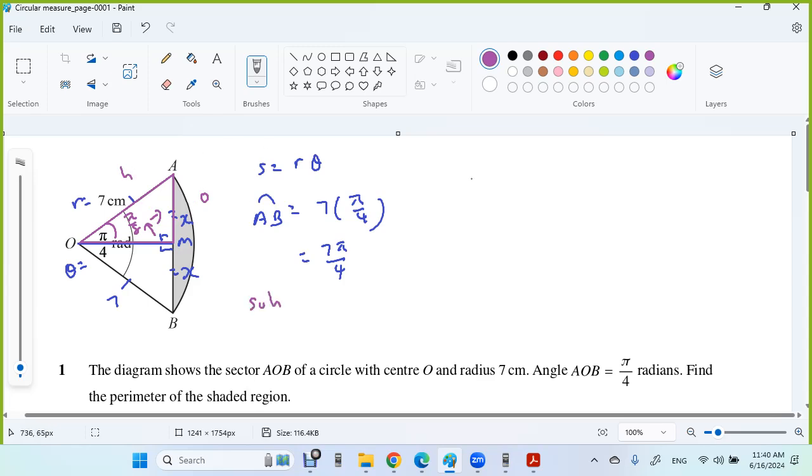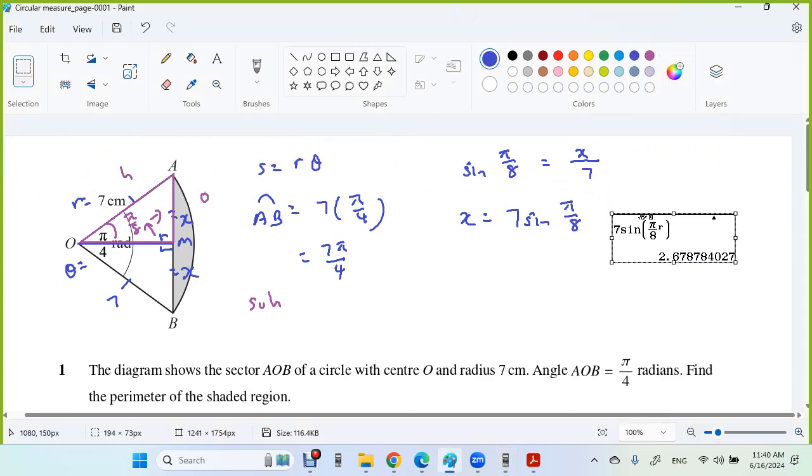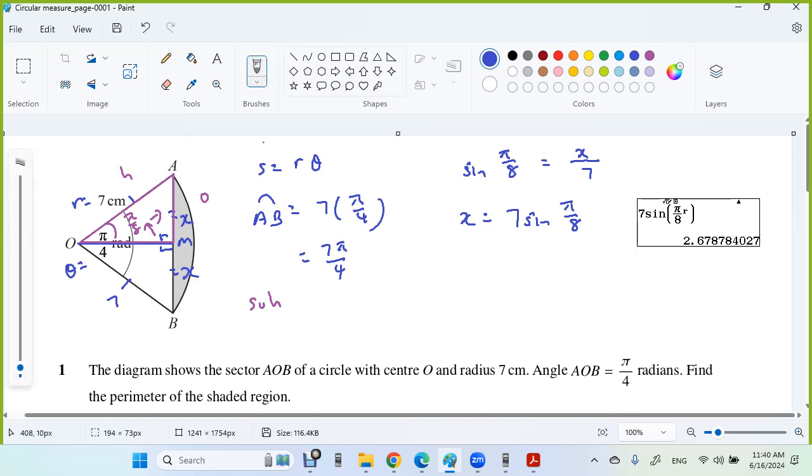So sine pi over 8 is x over 7. So x will be 7 sine pi over 8. Angle unit, I change to R. So this will be 2.6 something.